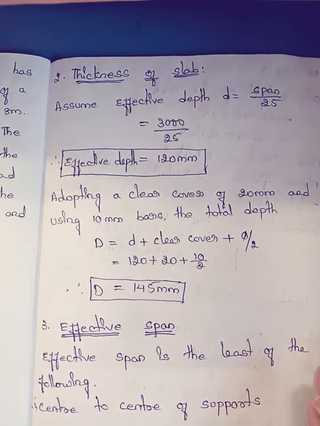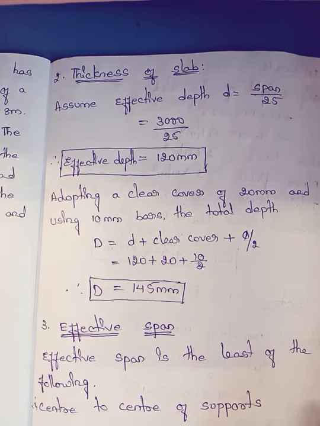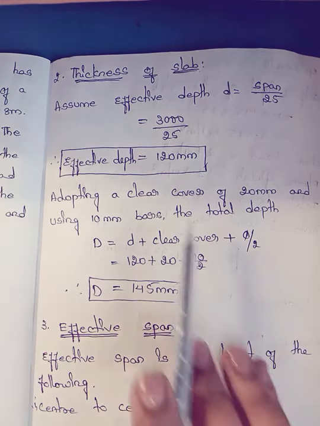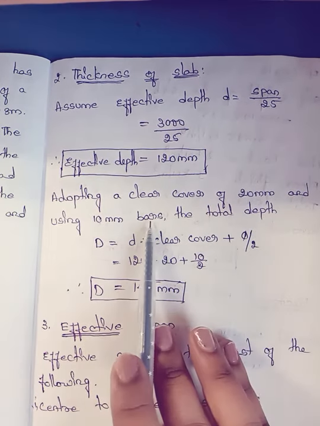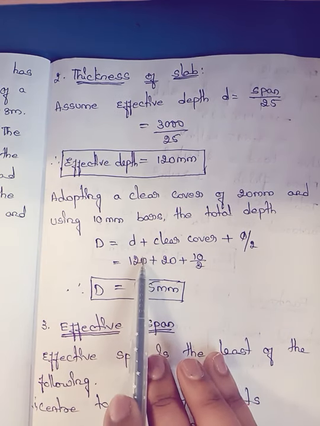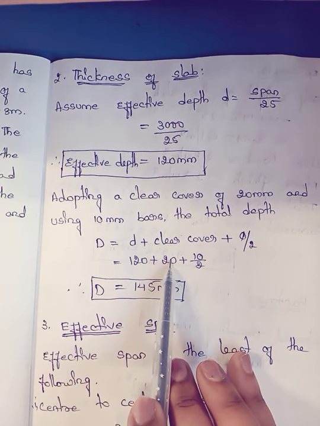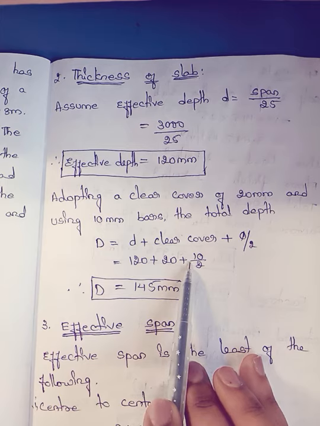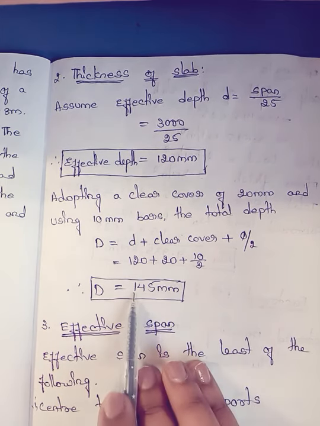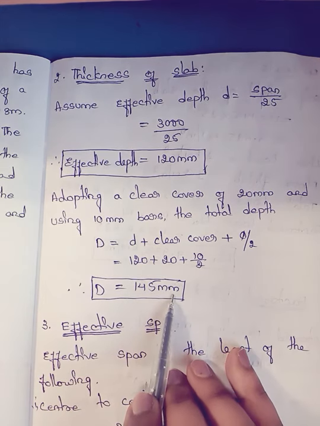Overall depth D is equal to effective depth plus clear cover plus dia by 2. Adopting a clear cover of 20 mm and using 10 mm bars, the total depth is equal to 120 plus 20 plus 10 by 2. Therefore D is equal to 145 mm.